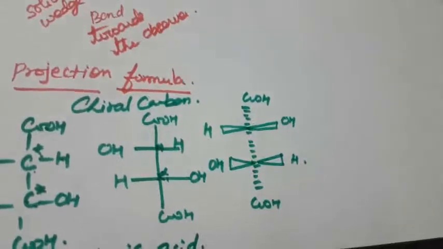COOH at the top, COOH at the bottom, and here OH, H, and here also OH, H. This is the Fischer projection formula of tartaric acid. This is one structure.